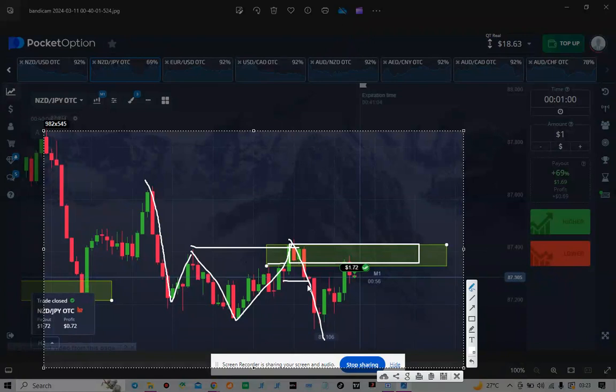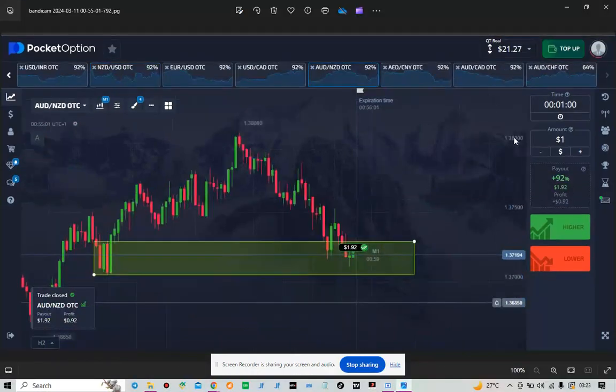After change of character, support becomes resistance. So the market rose again from this level, closed inside the zone with a rejection. That is why I go with sellers on the next candle. And now my balance is $18.